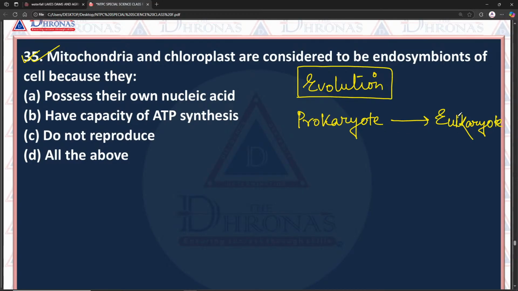So during this evolution, two organelles, mitochondria and chloroplasts, play an important role, prokaryote to eukaryote.